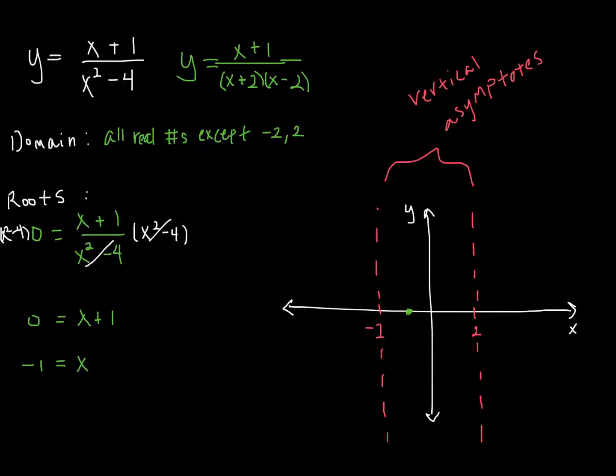Okay. Well, notice that just doing a couple of very basic things, we now have a lot of information about our graph. It may not look like it, but we really do. So in order to clearly illustrate all of the different things we know, I'm going to draw what is commonly referred to as a sign chart.